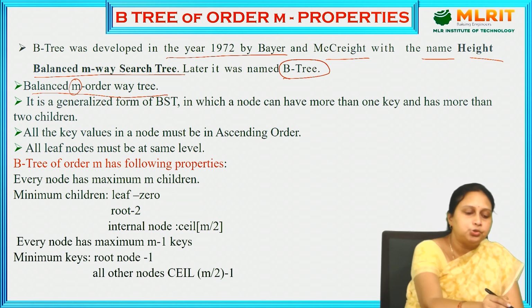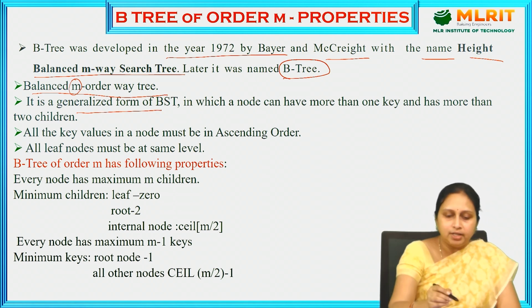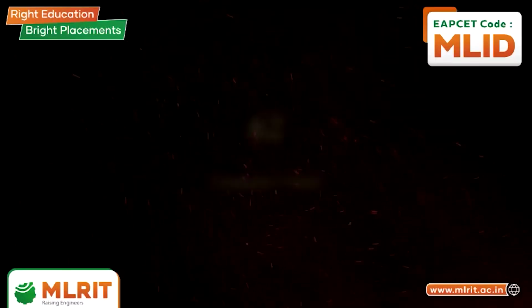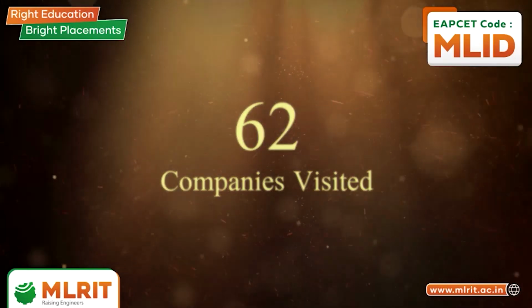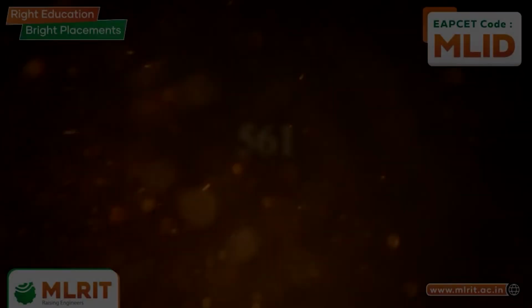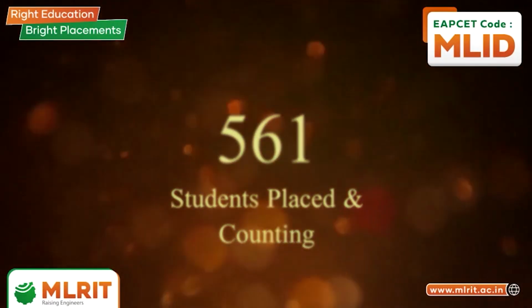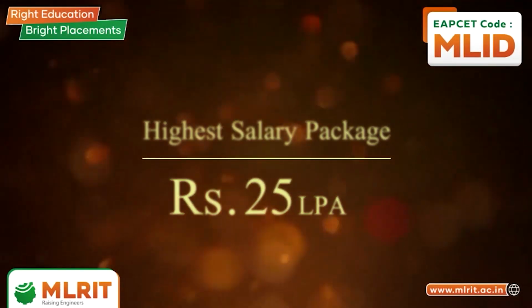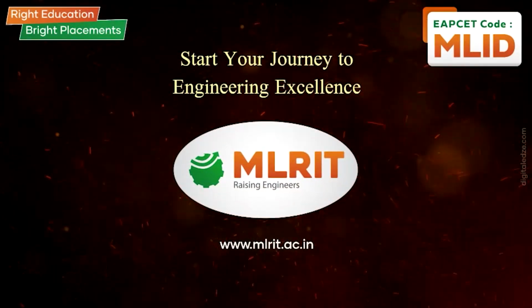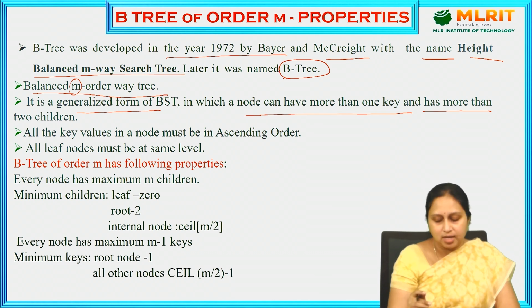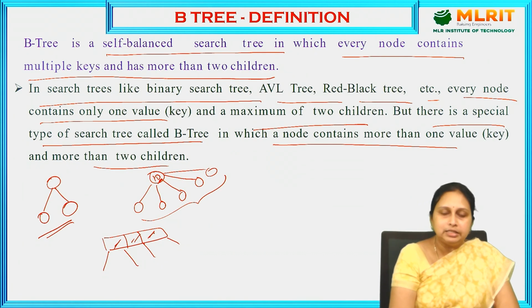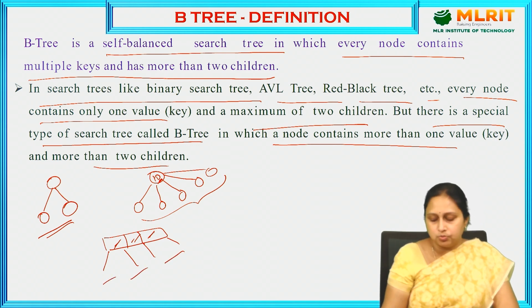It is a generalized form of BST in which each node can have more than one key and more than 2 children. As we have seen in the previous example, it may have more keys and more children also.